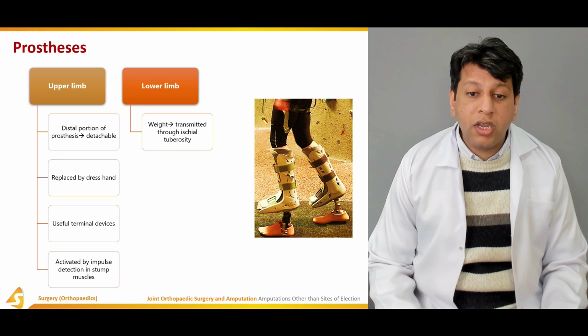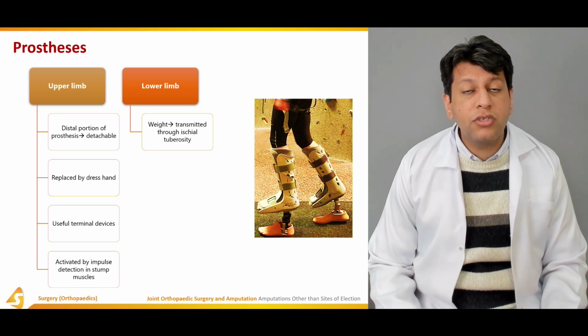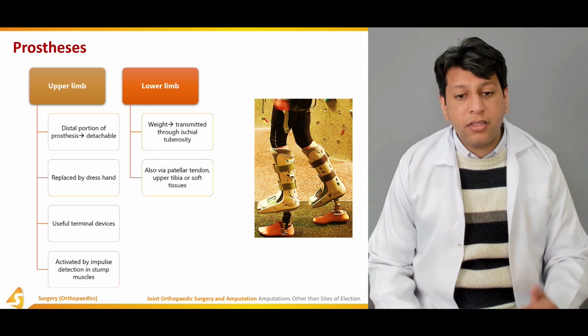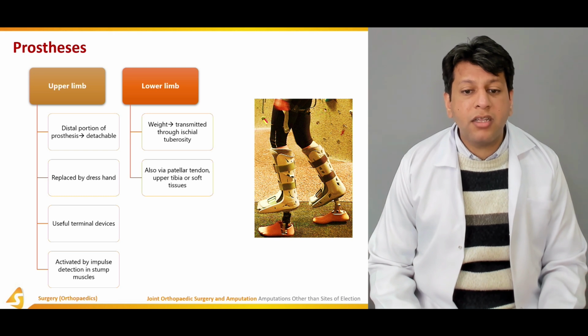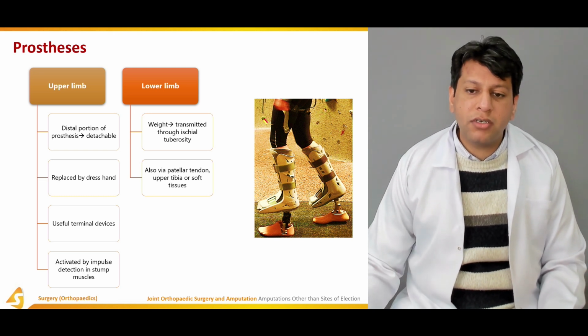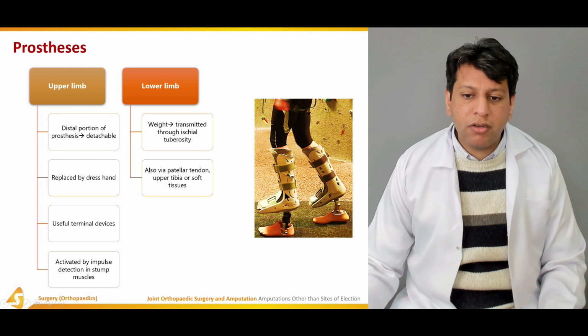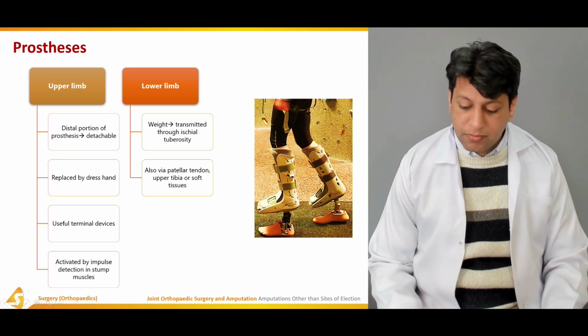Now coming to the lower limb, the weight is transmitted through the ischial tuberosity, and also by the patellar tendon and upper tibia soft tissue. If this patient has gone through below-knee amputation, the weight is transferred from the ischial tuberosity back into the patellar tendon, and from there onto the prosthesis.